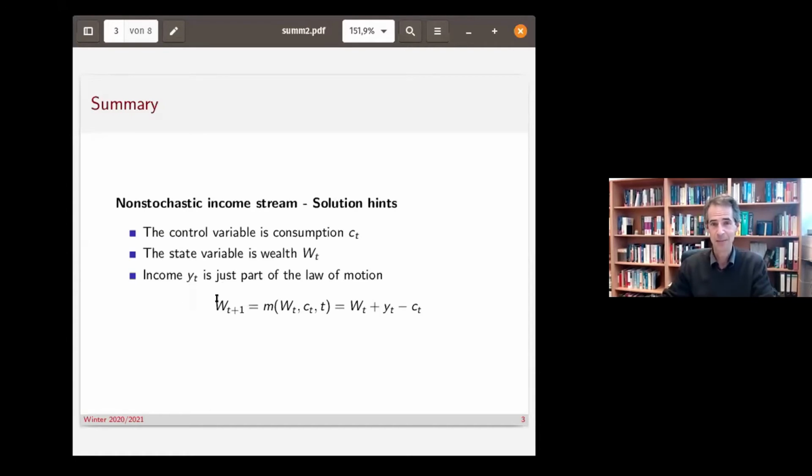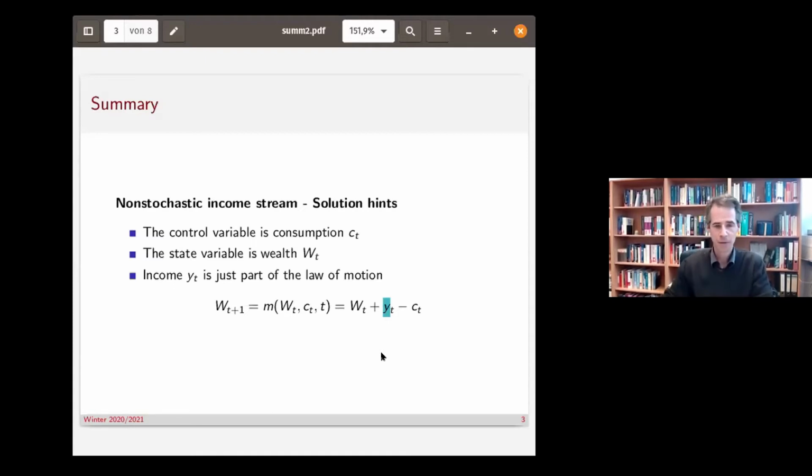And then the question is, what is income? I think it's best just to think of income as part of the law of motion, because in the law of motion we have this t here, so the law of motion might depend on time, and here the time dependence just means that we add in each period the income of that period, which is known in advance.